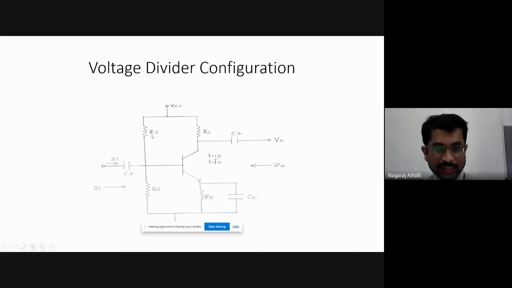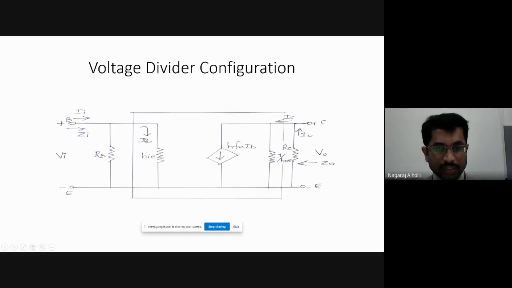Here we have resistances R1, R2, and the voltage divider formula is applicable to find the voltages between R1 and R2. Then there is collector resistance RC and emitter resistance RE. Input is applied to the base terminal through C1 and output is taken from the collector terminal through capacitor C2. There is a bypass capacitor CE.